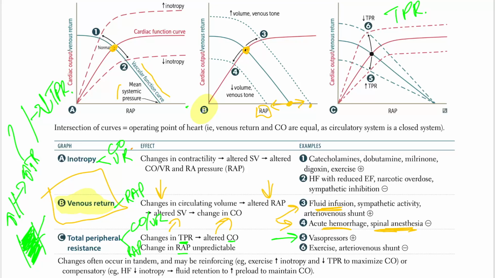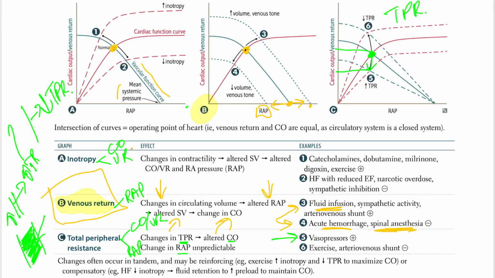How? Let's look at this graph now. This was normal. You have increased the TPR. It has moved the curve toward a little downward shift. Why? Because now you have messed up your cardiac output. You have decreased the cardiac output.